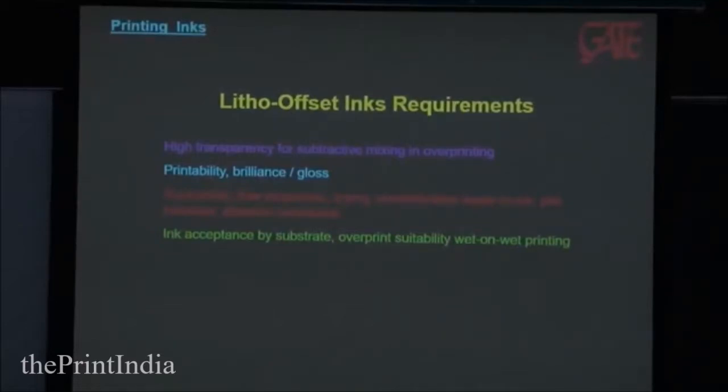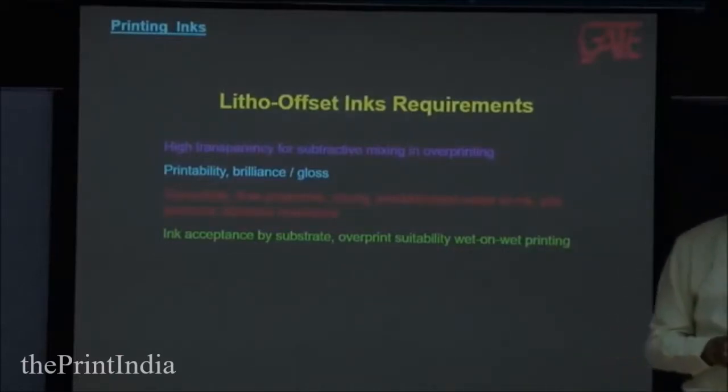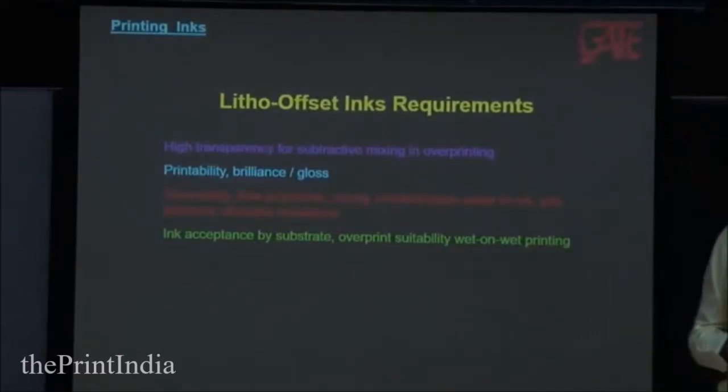Okay, so some transparency is required. Printability, brilliance, gloss. So your color, what you see, also a lot depends on the gloss, structure of the paper, structure of the ink, and any further operations like coating, lamination, and so on. Renewability, flow properties, drying, emulsification, water in ink, file behavior, ink acceptance by substrate, and so on.